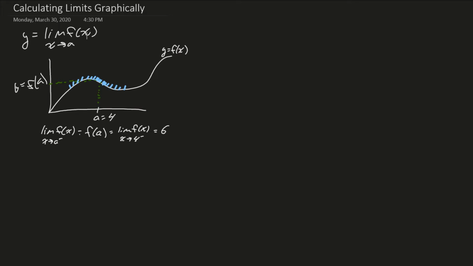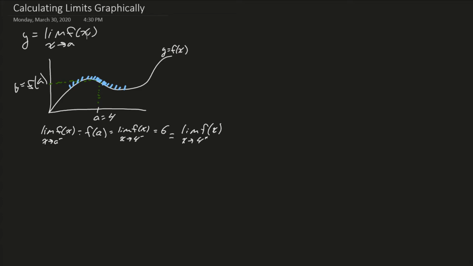So we'll find that in this case, our limit coming from the right-hand side, the values that are larger than x equals 4, the limit of f of x as x approaches 4 from the right-hand side, going from like 4.1 to 4.001 to 4.0001, is going to level us off also at y equals 6.